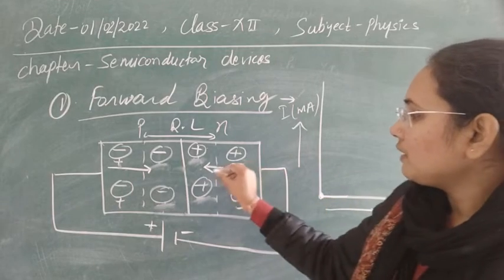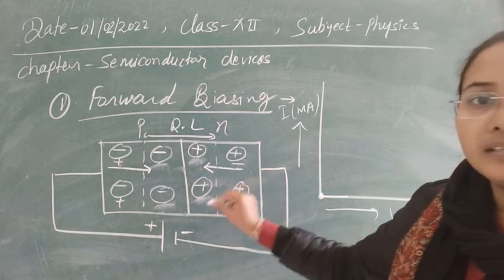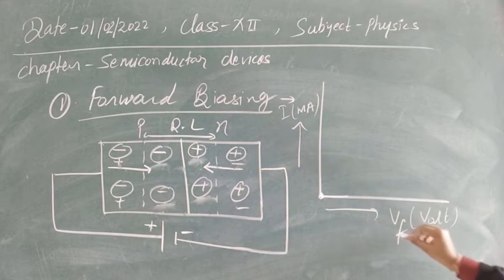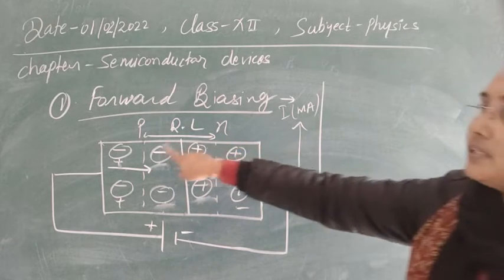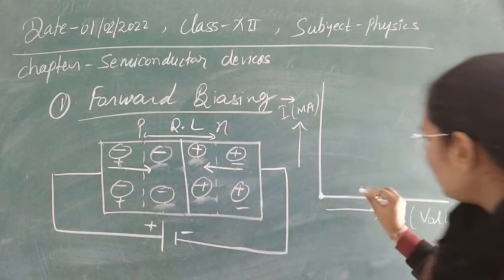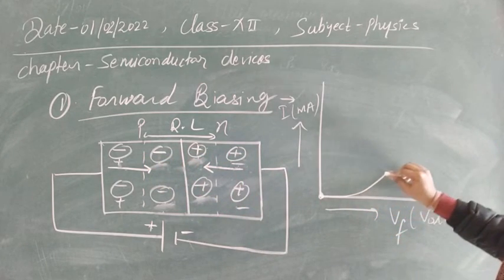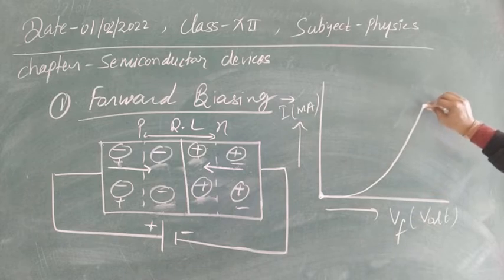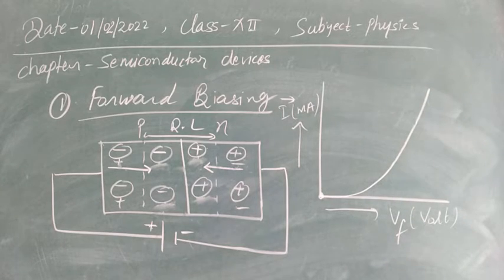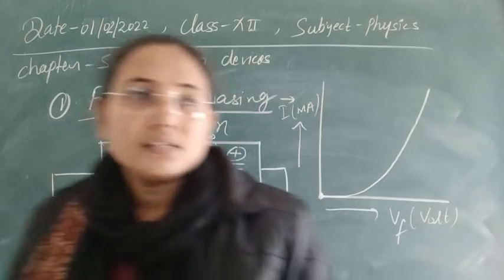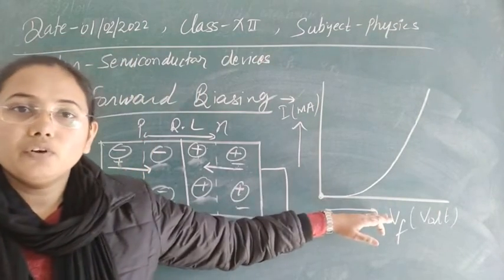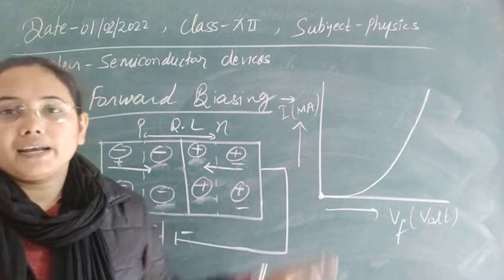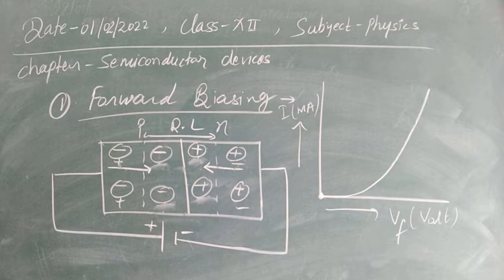When we increase the forward potential and the electrons get sufficient energy to overcome the barrier, we start to see electron emission. It means the current starts to increase from here. Continuously the current increases with the increase in the forward potential. So this is the forward characteristic that we are reading.